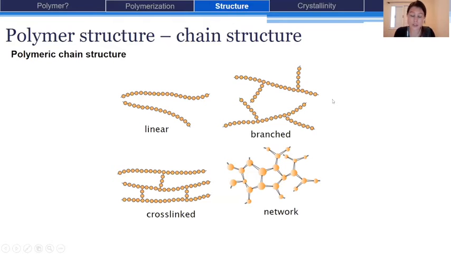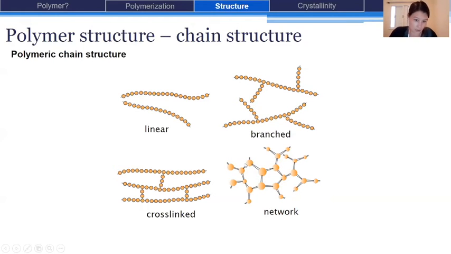The packing of these chains due to this branching is very difficult, it's more complicated, and so the density of these polymers is lower than their equivalent linear chains. So if you have the same polymer with the same chemical structure, but one is linear and one is branched, the branched one will have a lower density than the linear one.